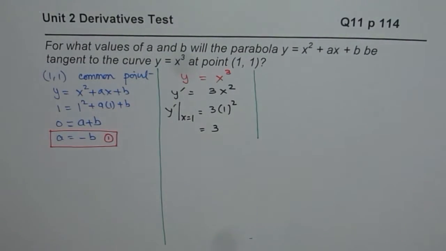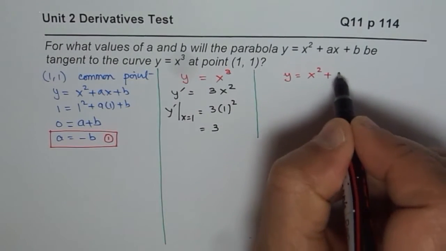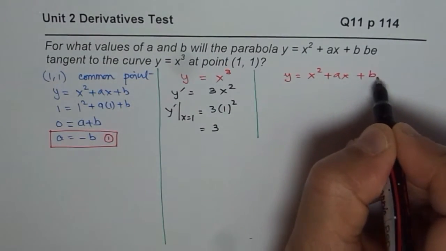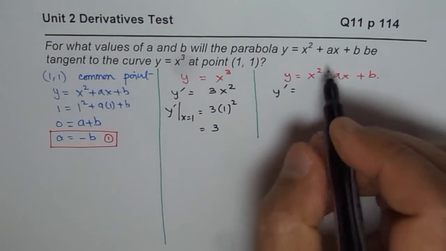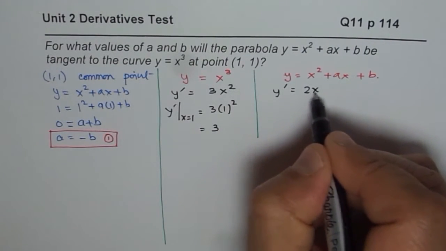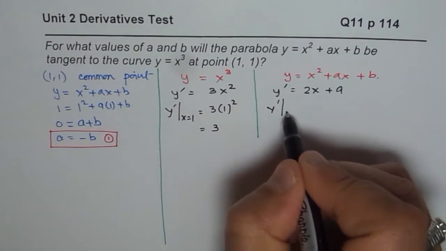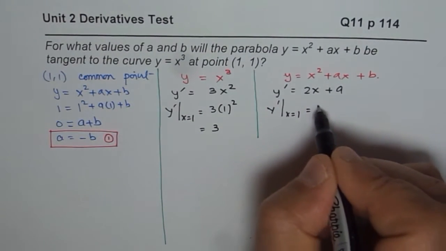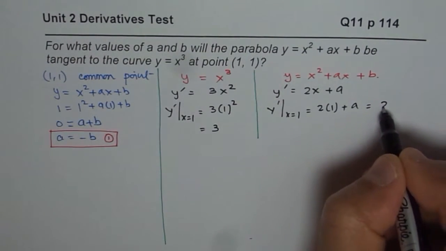Now let's figure out the slope for the second one. We have the equation y equals x squared plus ax plus b. The derivative, y dash, is 2x plus a. So y dash at x equals 1 will be 2 times 1 plus a, that is 2 plus a.